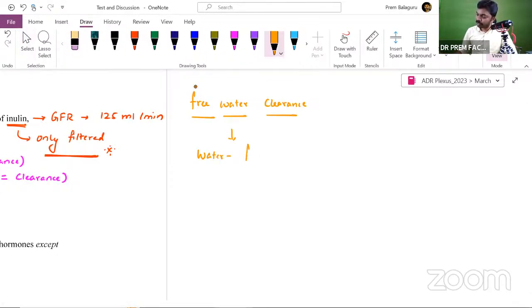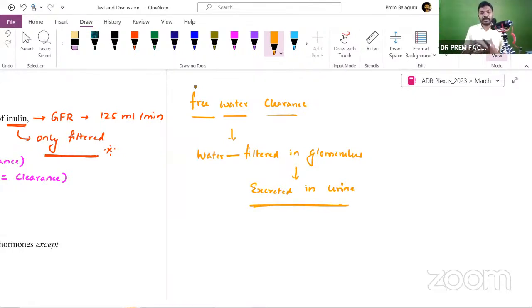Let me be clear, how much water alone is getting filtered in the glomerulus, and as a consequence of filtration, how much water is getting excreted in urine. This terminology is what is called free water clearance.